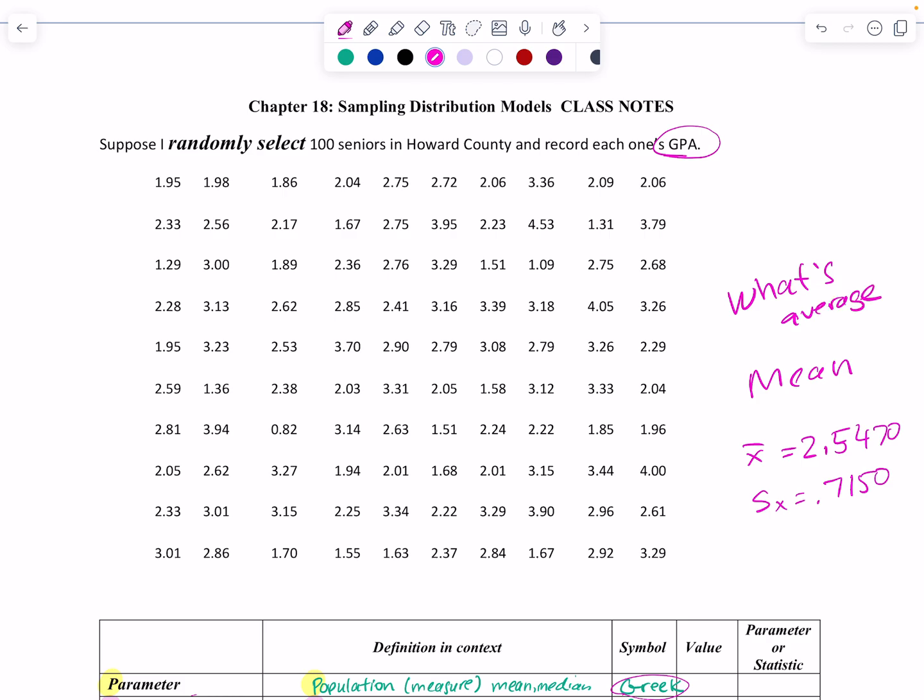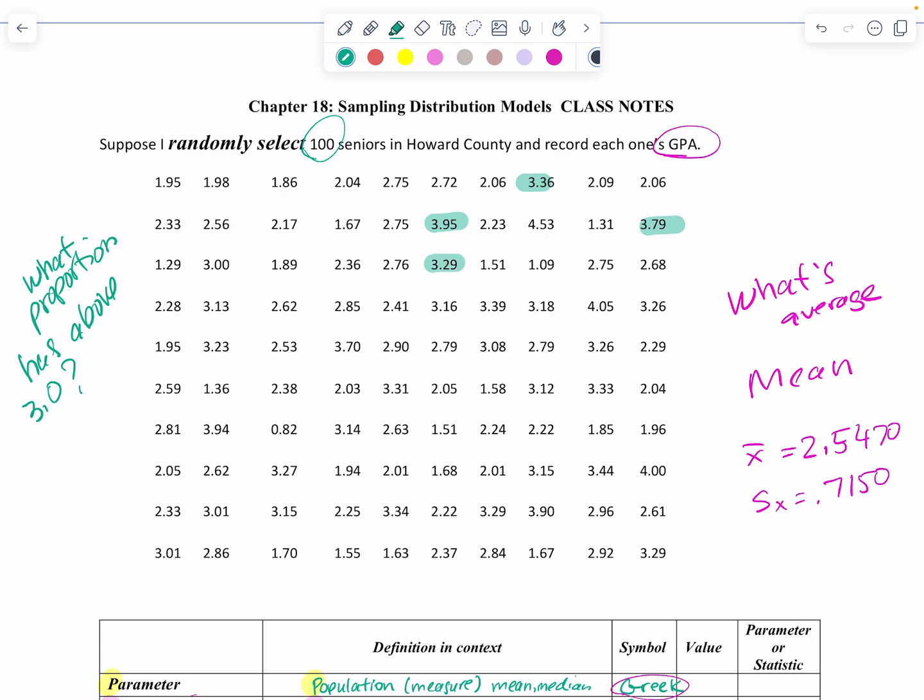I could also say, what proportion has above a 3.0? In that case, there's 100 here, and I would go through and count the ones above a 3.0. Or I could say a 3.0 or above, but I said above a 3.0, so I'm not going to include the 3 because I said above.